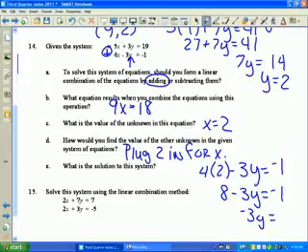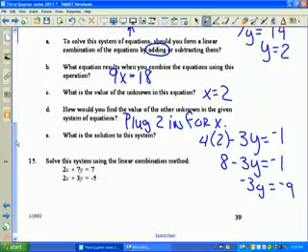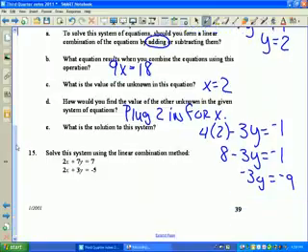Negative 3y equals, we're going to subtract 8, which gives me negative 9. That means y is equal to 3. So my solution is 2, comma, 3.